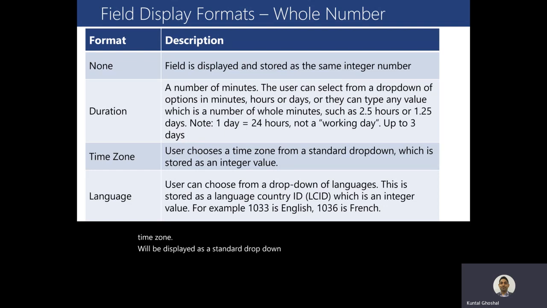You can also choose language as a display format, and in that case, the language is displayed in the control. For English, it will be 1033; 1036 is for French.